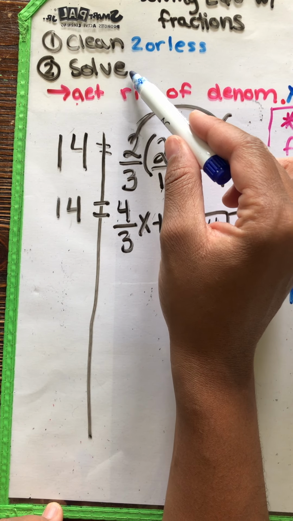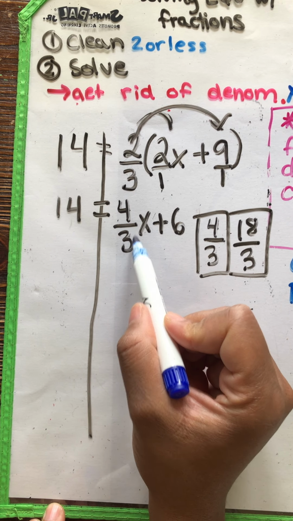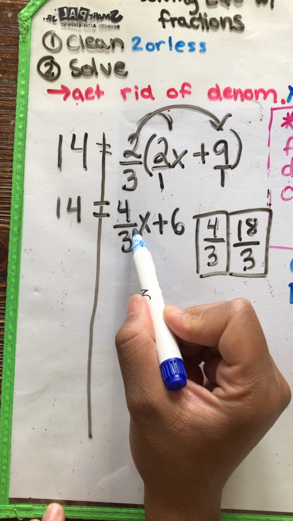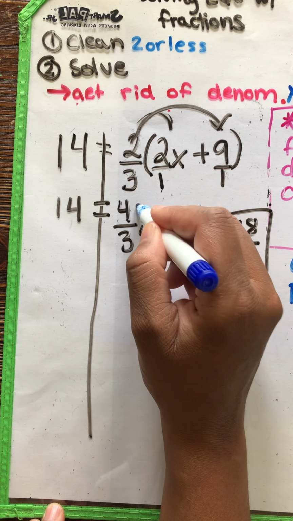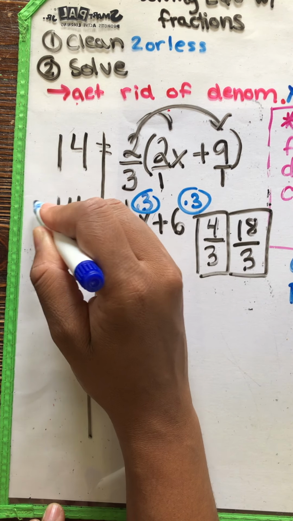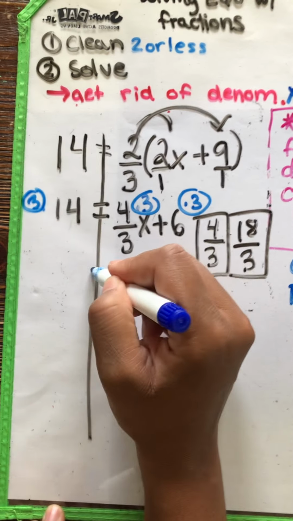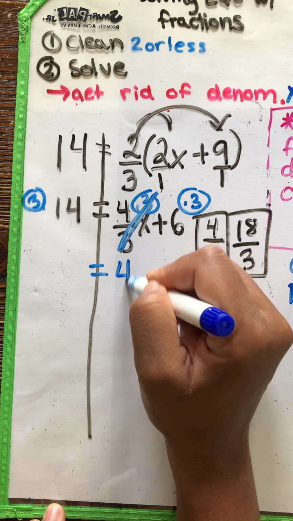But before I solve, I want to get rid of this fraction, okay? That is going to make this math a little bit more complicated. So I'm going to get rid of a divide 3. The opposite of a divide 3 is a times 3 everywhere. Top of the fraction does not change when the bottom cancels.